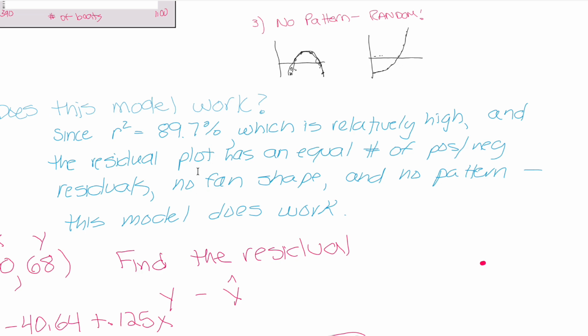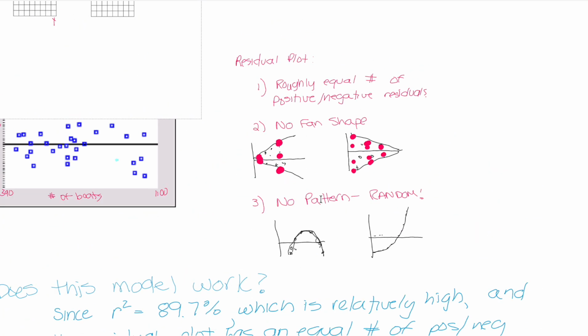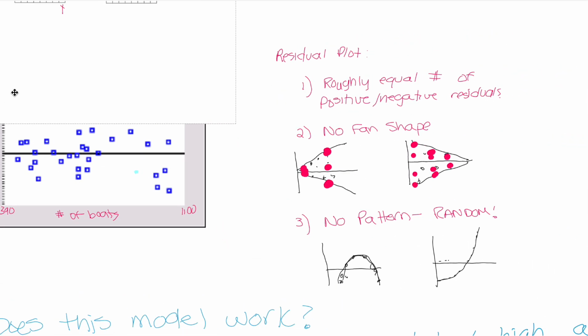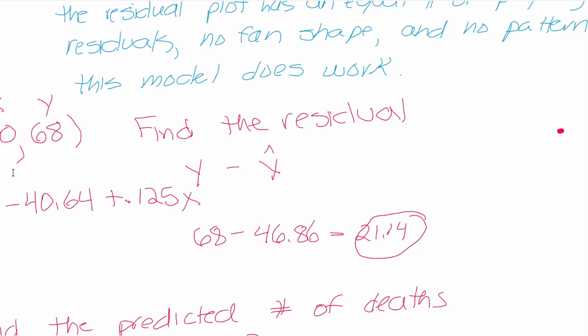And what you can write is, first of all, state the R squared. Let's say the R squared is 89.7%, which is relatively high, and the residual plot has an equal number of positive and negative residuals with no fan shape and no pattern. Therefore, the model does work. So make sure to emphasize all of those key points, along with the R squared, which we talked about last video.